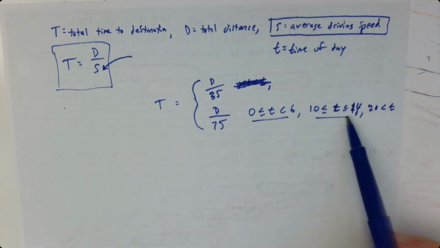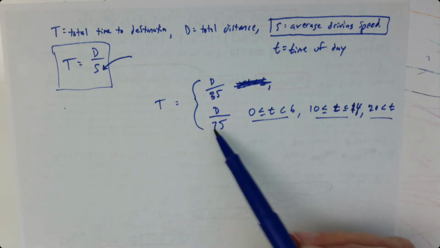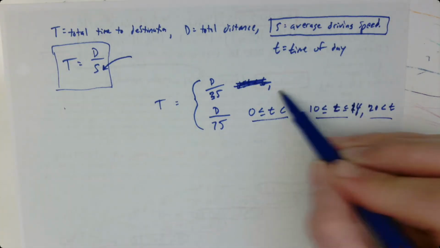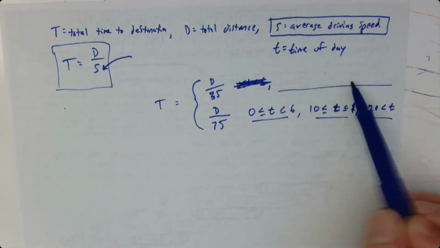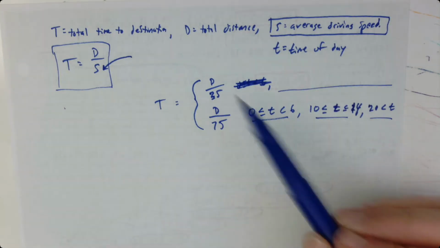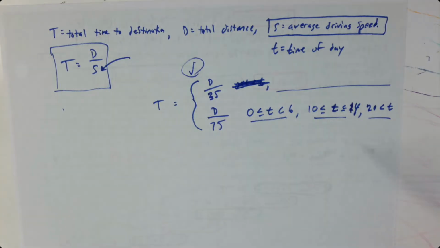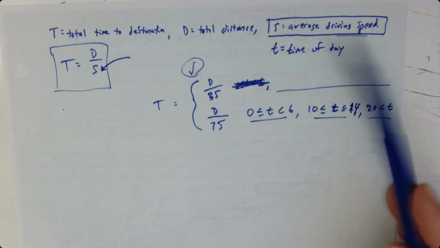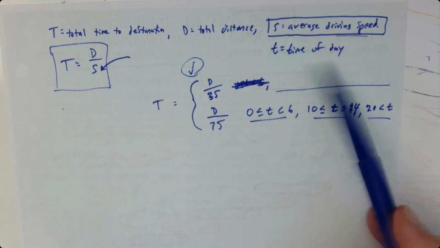These are the non-commute times. If we're in a non-commute time, we'll use this equation. And if we're in a commute time, and you can figure out what your intervals would be here, we'd use that equation. So that's one idea for how to incorporate the idea that the average driving speed is going to be a function of the time of day.